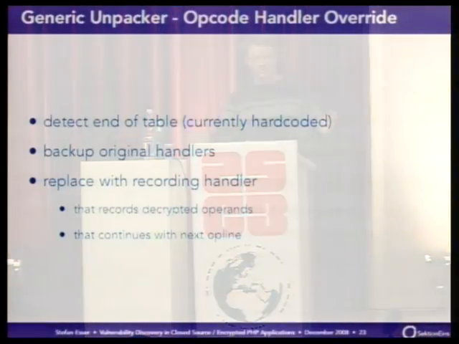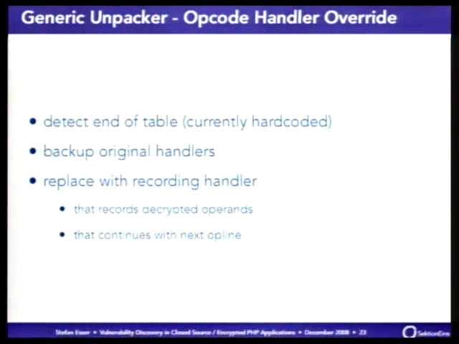So the next problem is to detect the end of the opcode table. I already told you I'm lazy, so I don't detect that. I just know that SourceGuardian... sorry, SendGuard just replaces 150 or 151 opcodes. So for SendGuard it's always 151. For IonCube it's like 255, and Source Guardian doesn't need this.